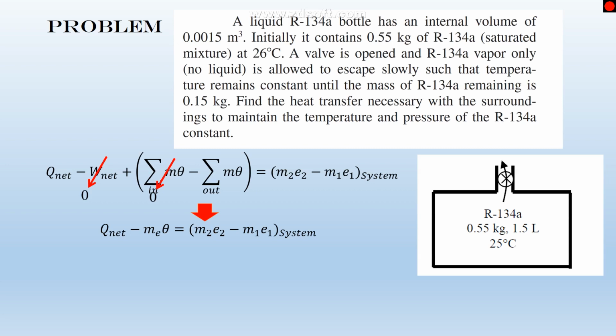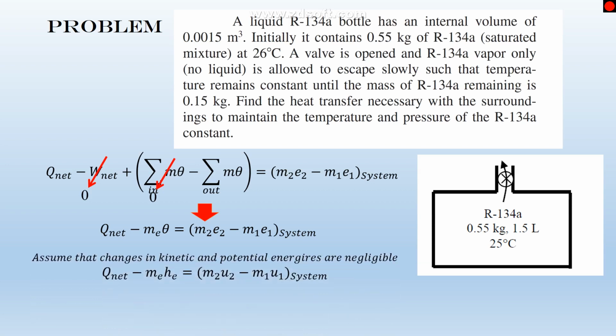So you can cancel delta kinetic energy and delta potential energy, and then you can simply write Qnet minus me he equals m2 u2 minus m1 u1 of the system. So we are looking for the Qnet, correct? You need to find me, he, m2 is known, u2 and u1.